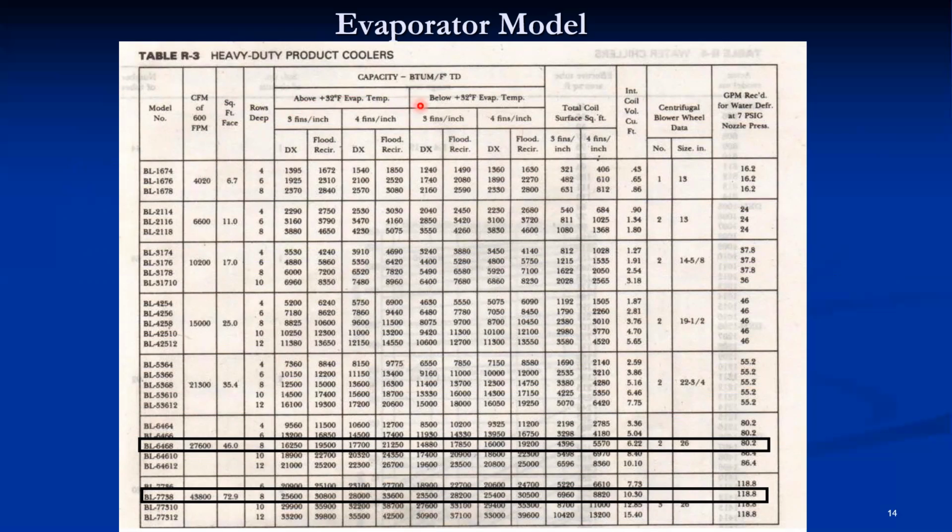Then these are the two categories: above 32 degree Fahrenheit evaporating temperature or below 32 degree Fahrenheit evaporating temperature. And also fins per inch. So 3 fins per inch, 4 fins per inch. These are the requirements. The total surface area is also given. Then centrifugal blower size and other details are given, and what should be the gallon per minute for water in case.